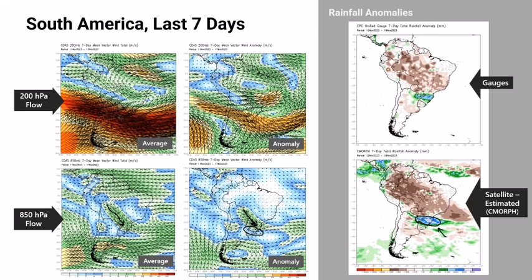Something to look at as well is how the anomalies of precipitation are distributed in the Americas. This is unfortunately textbook El Nino. You can see the Amazon basin in the last 7 days has been extremely dry. And this region has been coming from a severe drought in the last several weeks.